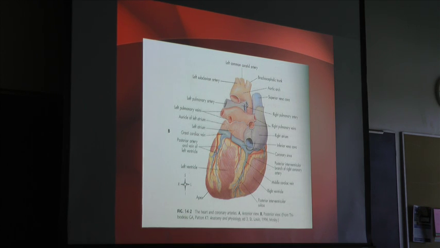Why do we want to bypass the occlusion? To oxygenate the tissue, yes. Okay. So new blood vessels form to provide oxygen to heart muscles, underperfused areas, underperfused.